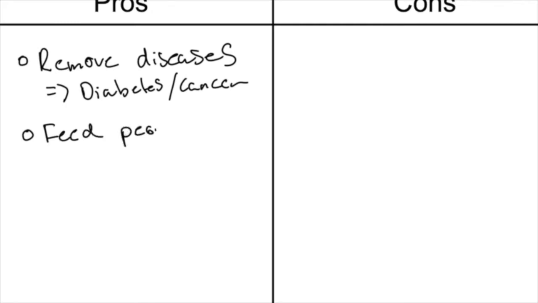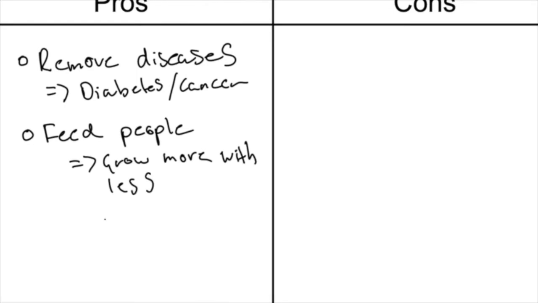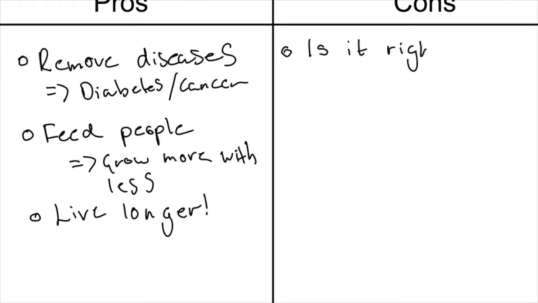And as we've just looked at with golden rice, genetic modification could allow us to feed all the people in the world, particularly those poor people that currently struggle, because we can grow more food, and we can grow food that needs less resource, needs less water, needs less soil quality. And ultimately all of this will allow us to live longer. We can remove the genes that cause our death, that cause us to age, as well as feeding us more.